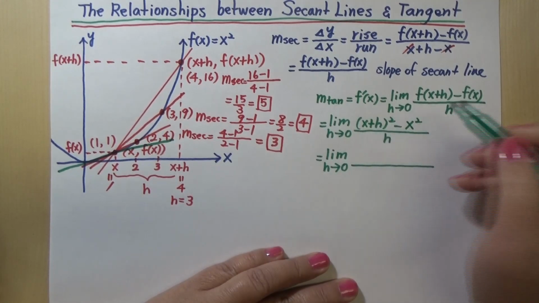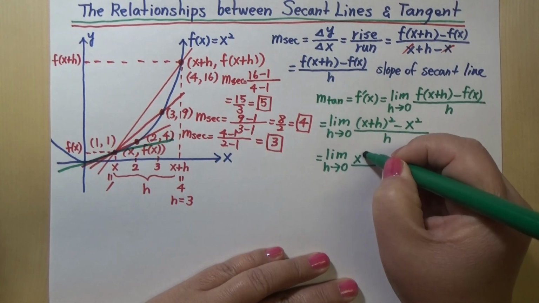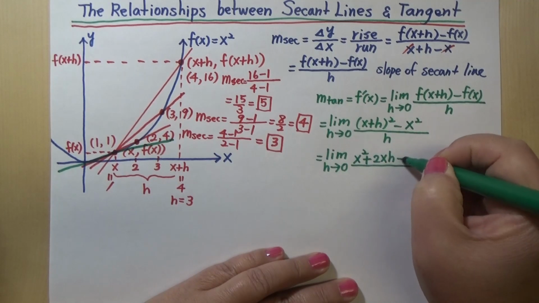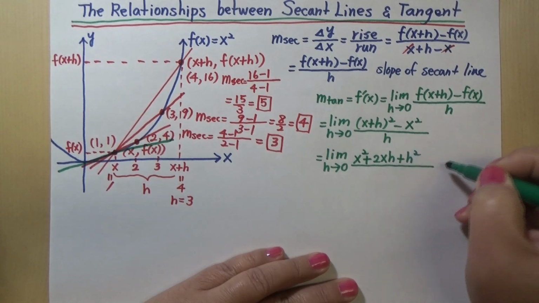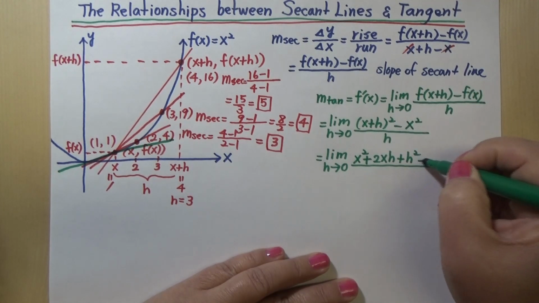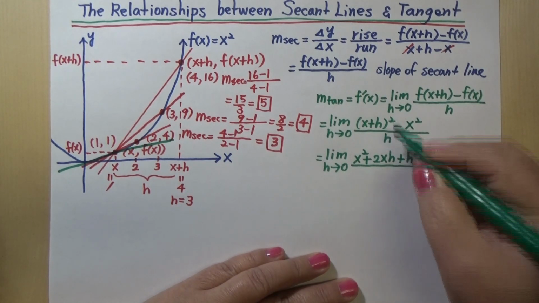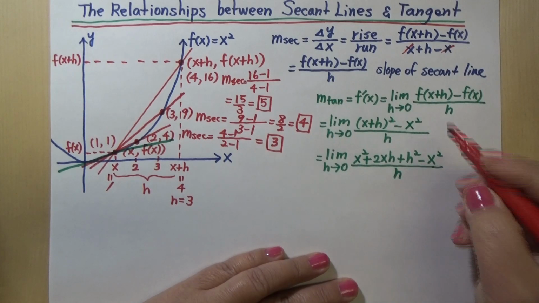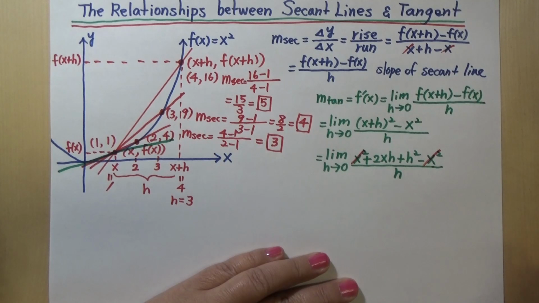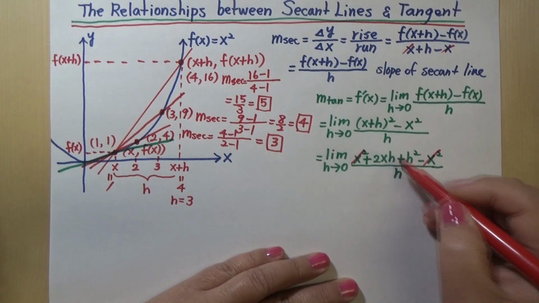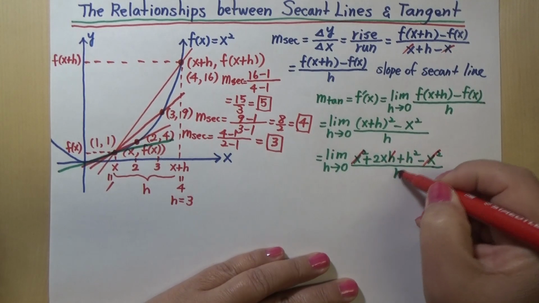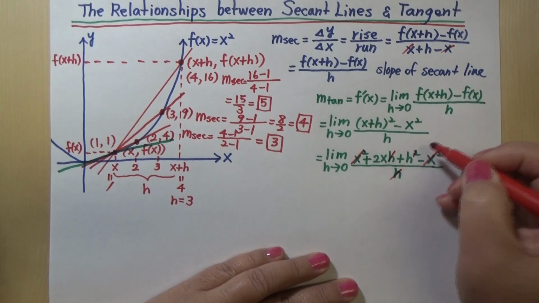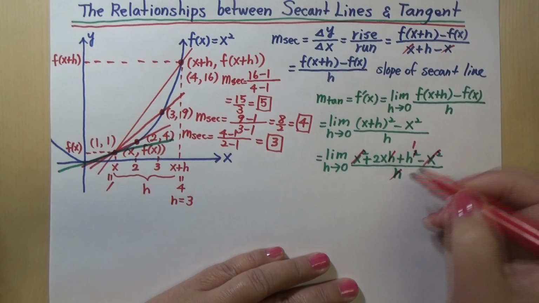So x plus h squared is x squared plus 2xh plus h squared, minus x squared, all over h. Now we can cancel x squared, and also in 2xh over h, we can cancel h. And h squared over h, we can cancel h, and the power will be 1.